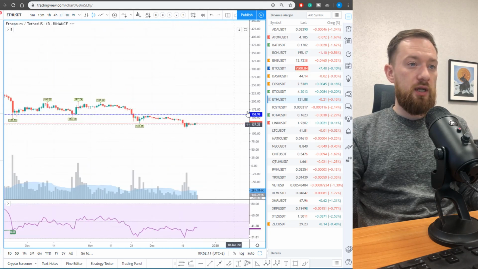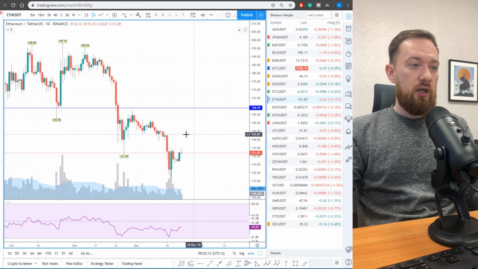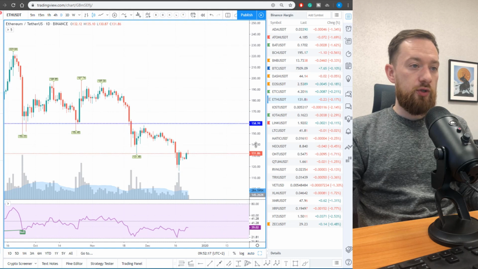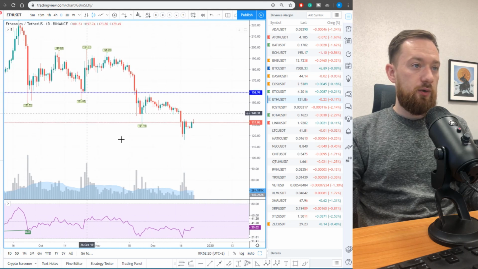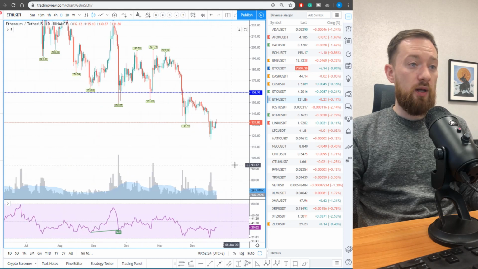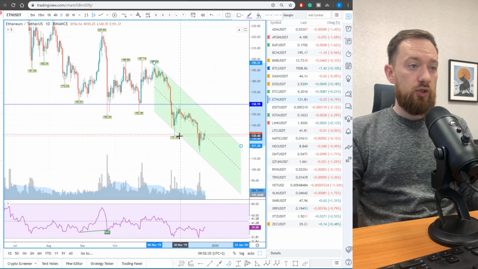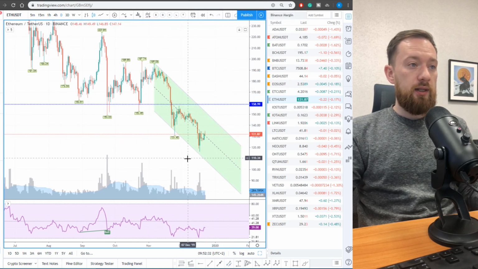Let's switch to the daily chart over here. We don't see the divergence on the previous move. The price was going on, and the RSI indicator moved down slightly as well. So we can draw a downward channel starting from this point as a local channel, and we're currently in it.